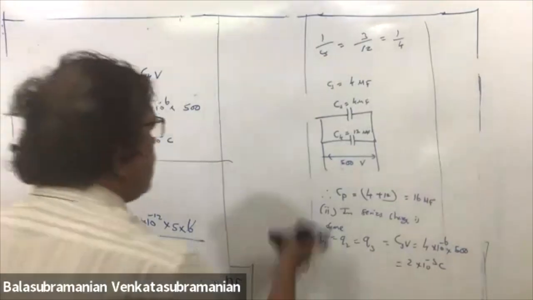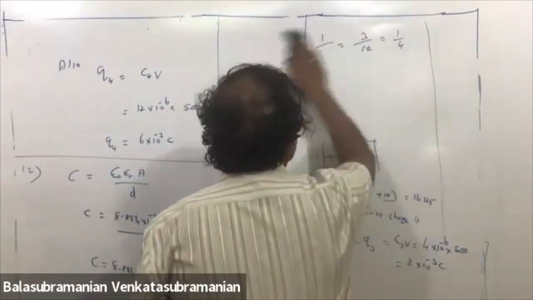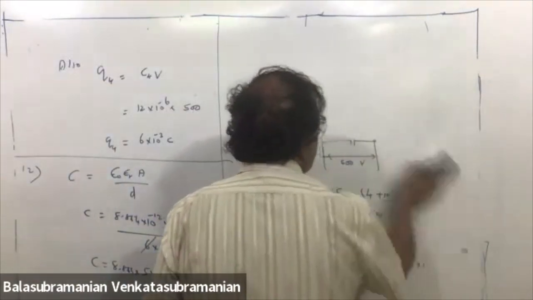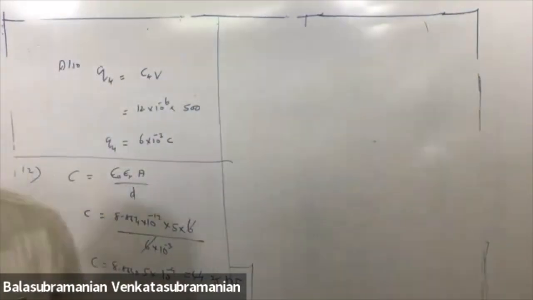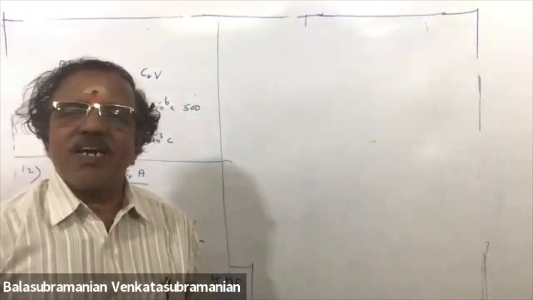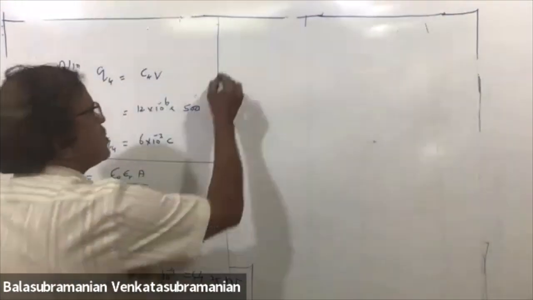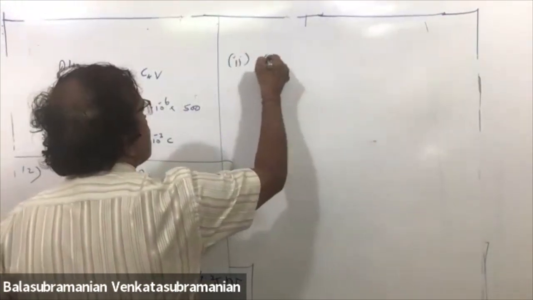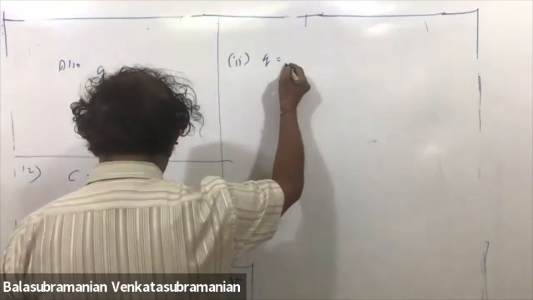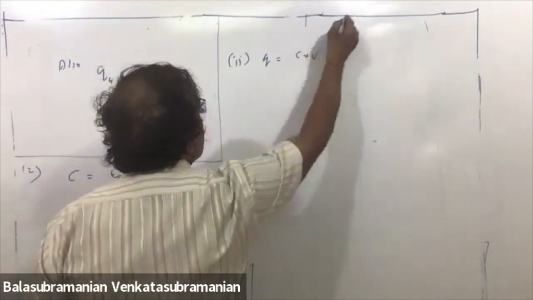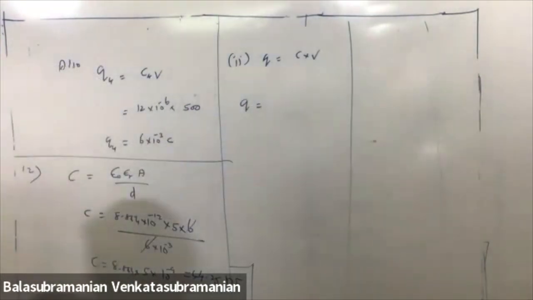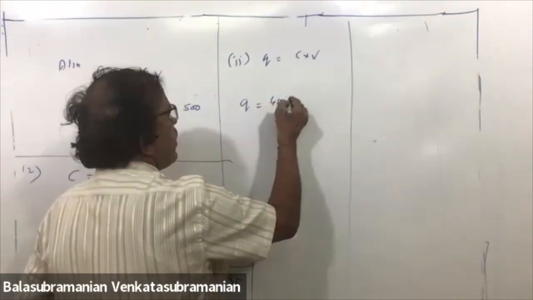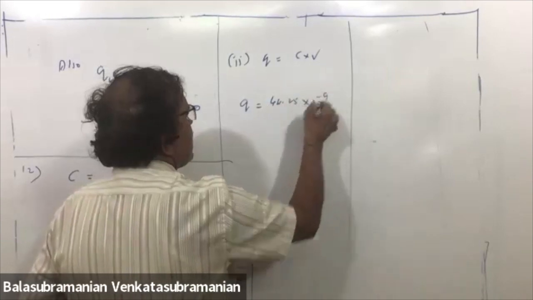Next, charge you have to calculate. Charge: Q is equal to C into V. C value is 44.25 into 10 power minus 9.